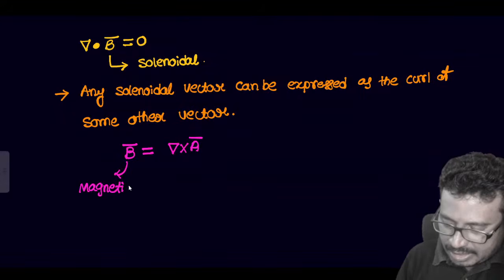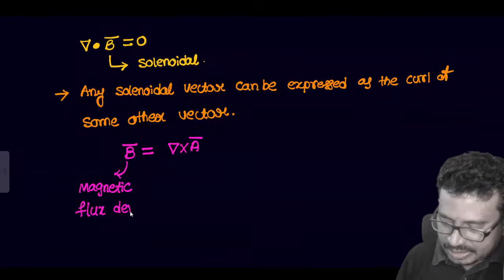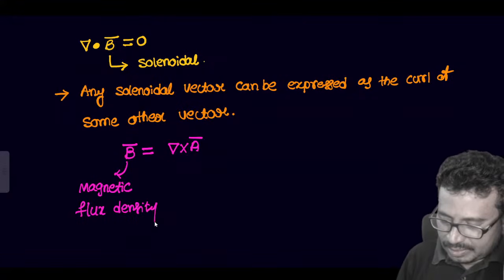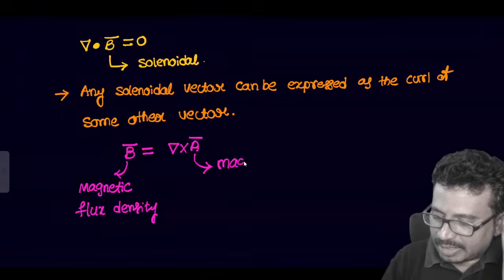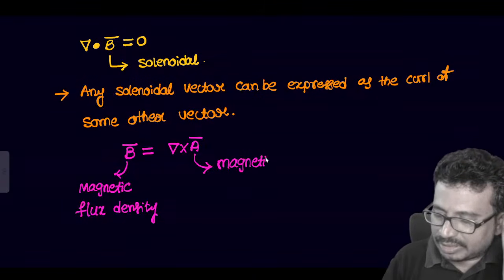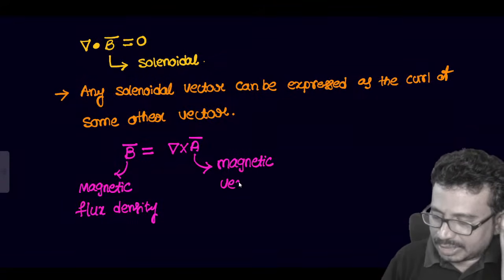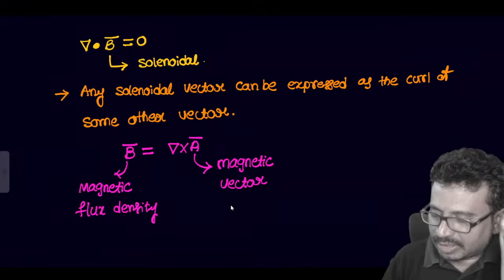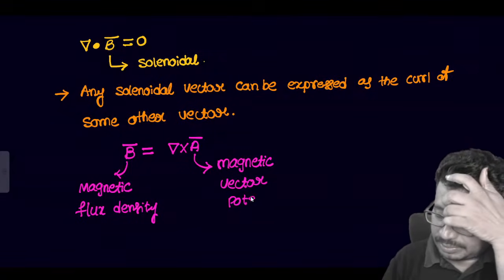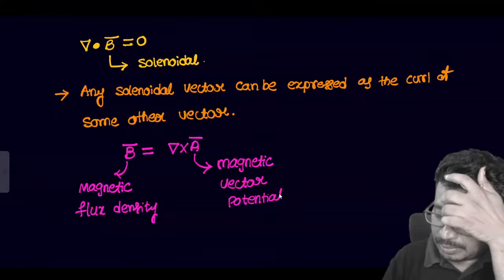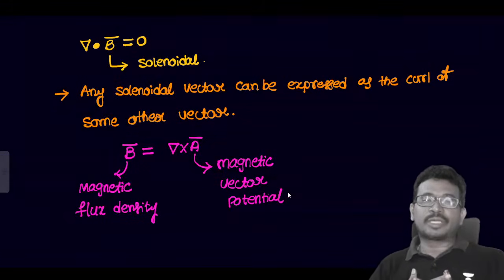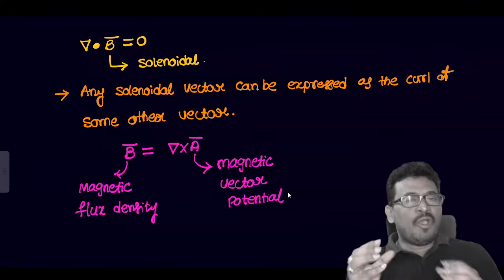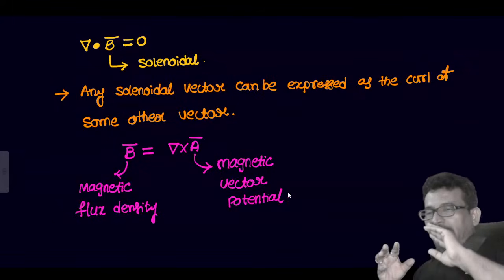If B is a magnetic flux density, then this A is called a magnetic vector potential.